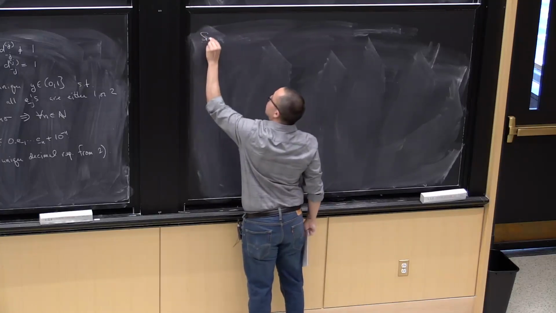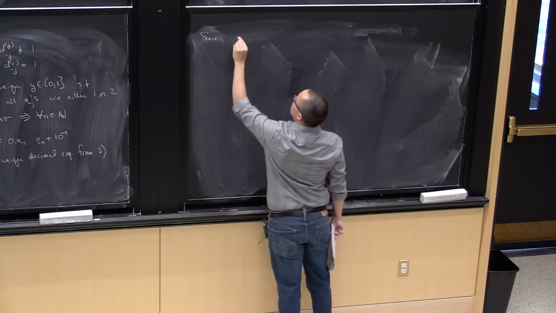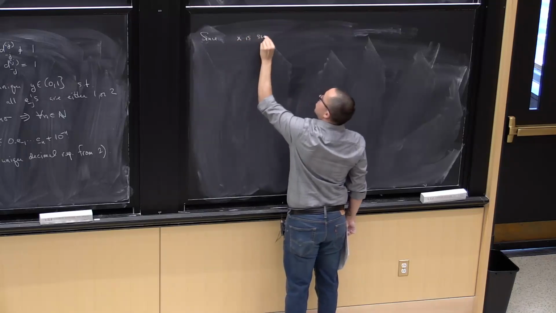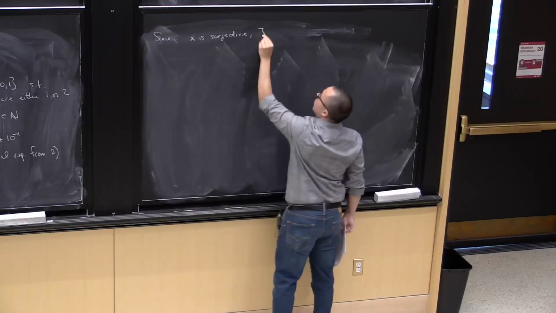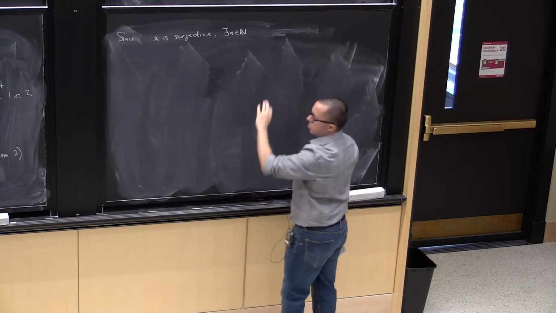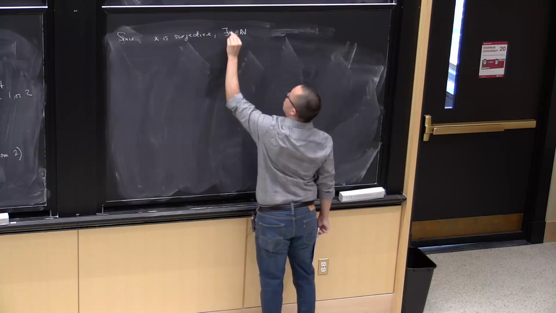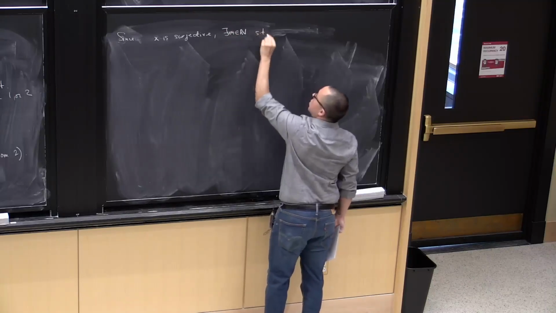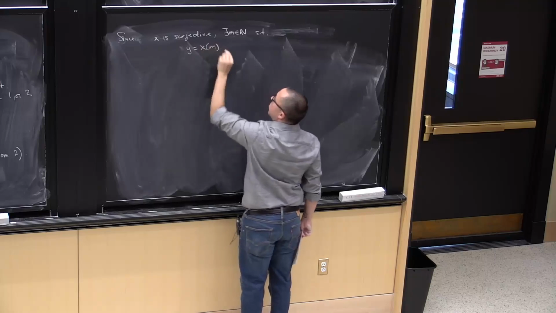Now, since x is surjective, there exists a natural number, and this n has nothing to do with that n, so maybe I'll use a different letter, m, such that y equals x_m.